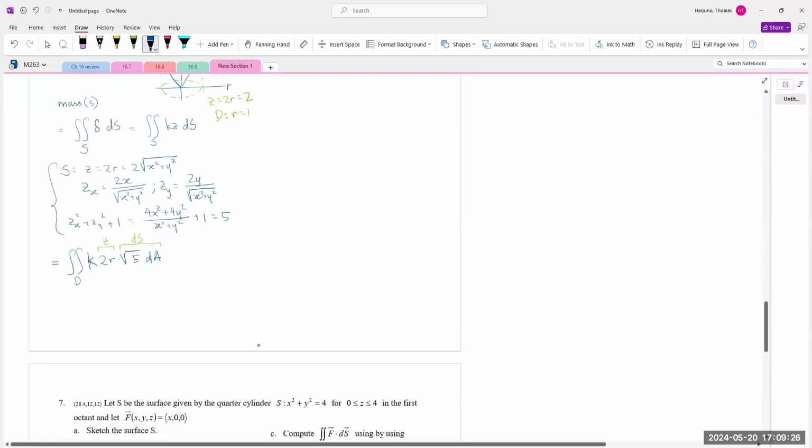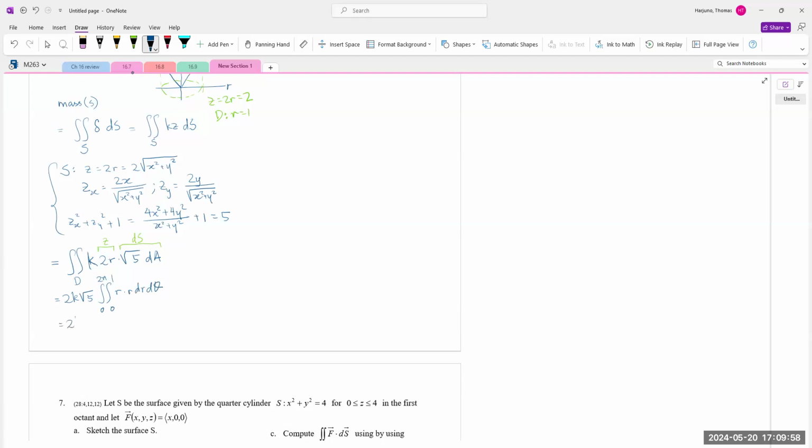Okay, so this is 2k square root of 5 double integral over D of r dA. Let me just go ahead with the r d theta thing. So that's 0 to 2 pi, 0 to 1, r dr d theta.